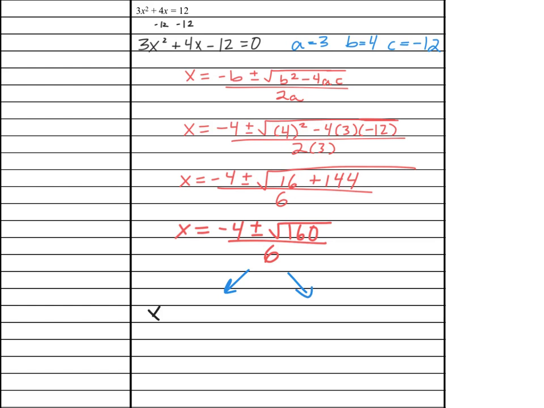X equals negative 4 plus 12.649 over 6, and x equals negative 4 minus 12.649 over 6. You have to do the subtraction on the top first, or the addition on the top first, and then divide by 6. So figure out what the top is, and then divide.